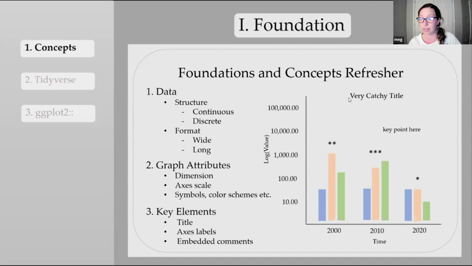You see, I have a very catchy title. I always recommend a very catchy title. And then you want to have your axes labeled. And then, occasionally you can do some embedded comments. You can highlight something. You can show significance if there is a statistical test associated with your graph or your story.